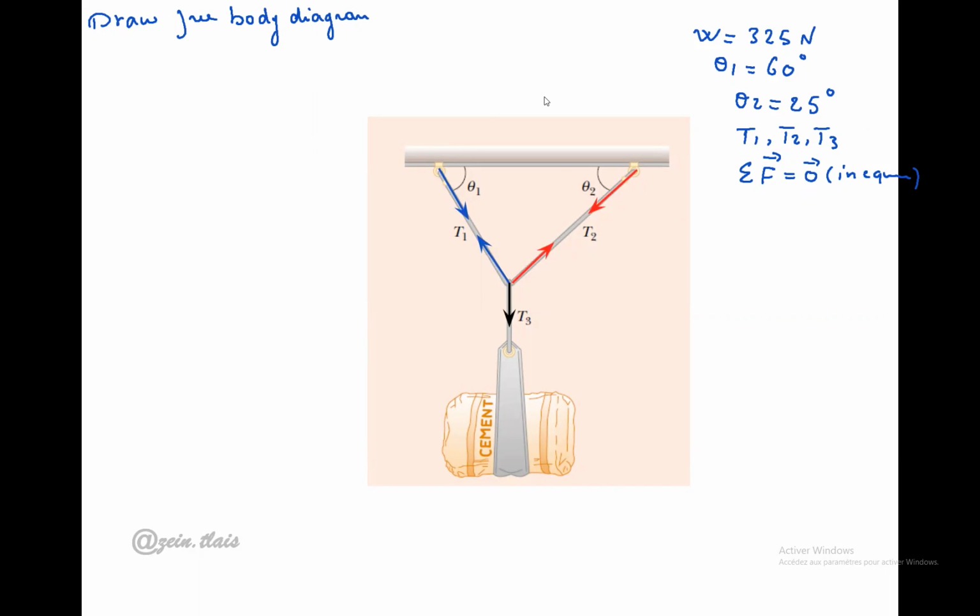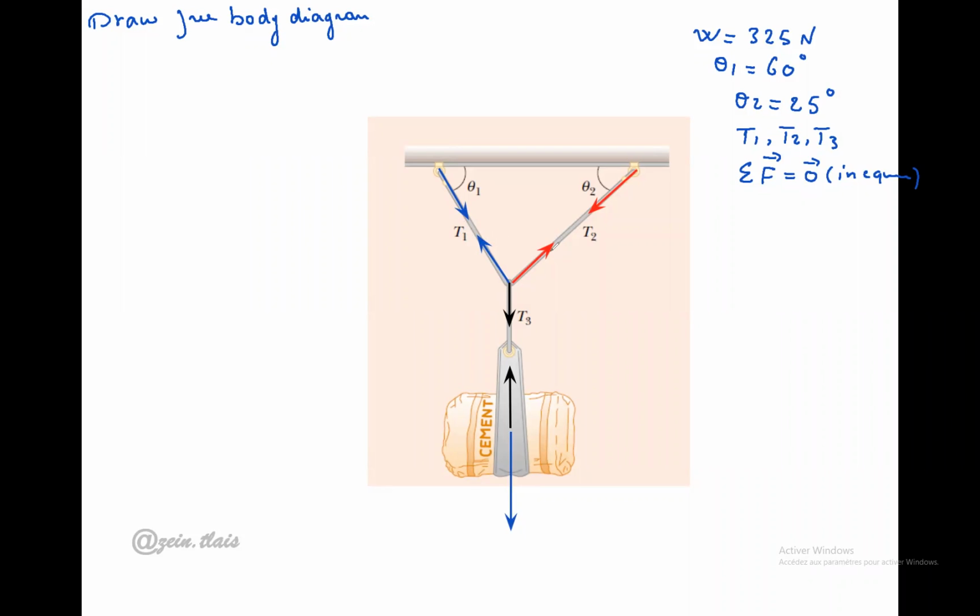And down, on the object, we have the weight downward, and we have the tension of the same cord, T3.